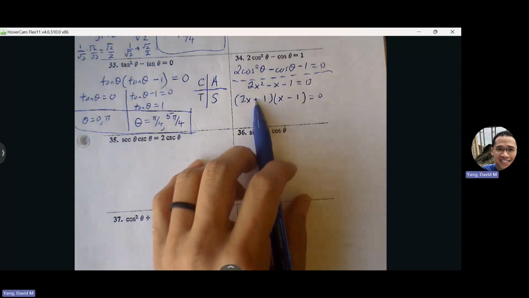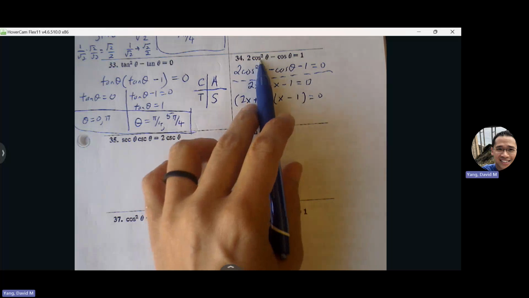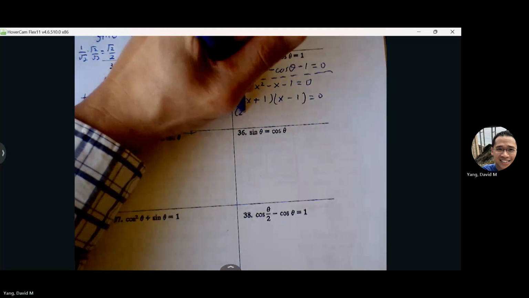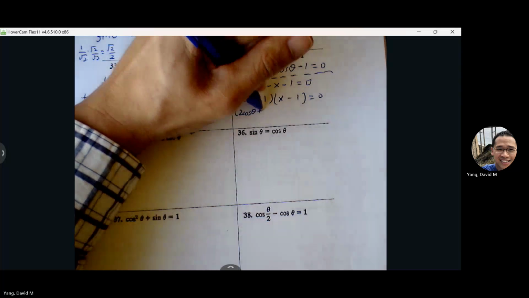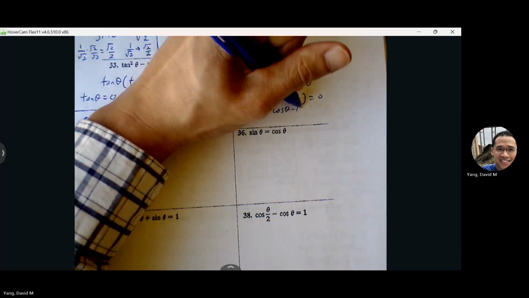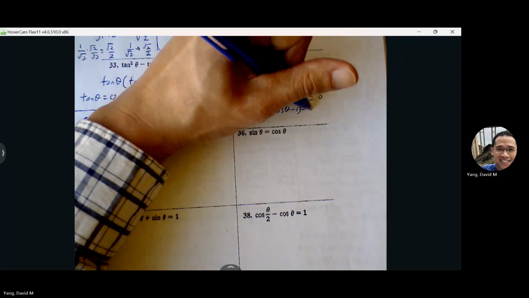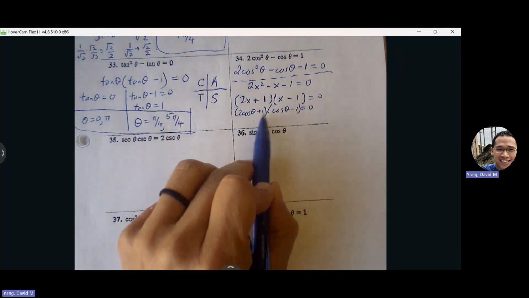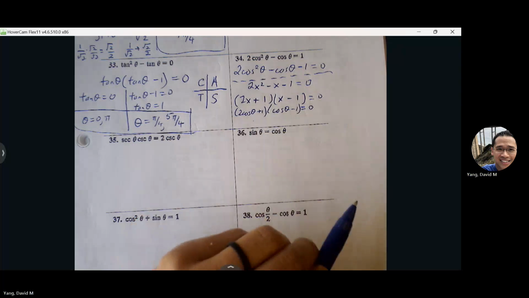And if you can get that into factored form, then bring back your original variable, cosine. And then go ahead and set both equal to 0 and solve.